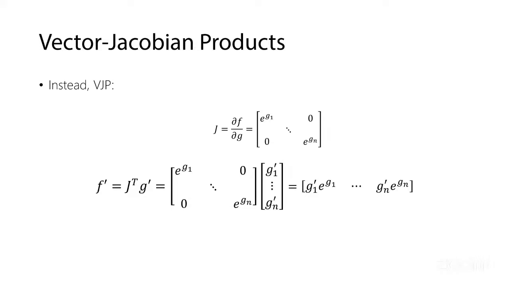So instead, at each node, instead of computing the entire Jacobian, we compute the Jacobian vector product or vector Jacobian product, where for a given arbitrary function g, we compute the computational graph for the VJP, which is the result of multiplying this to this, right?